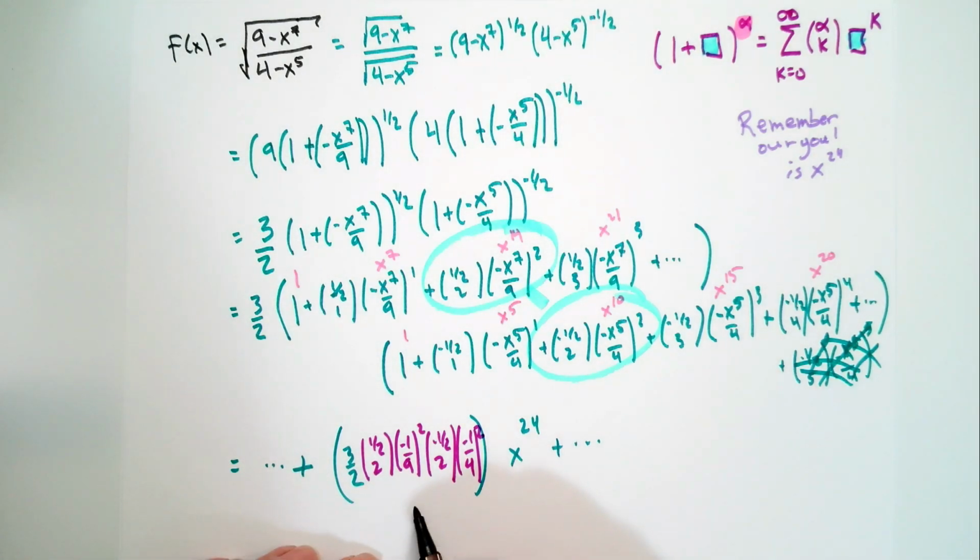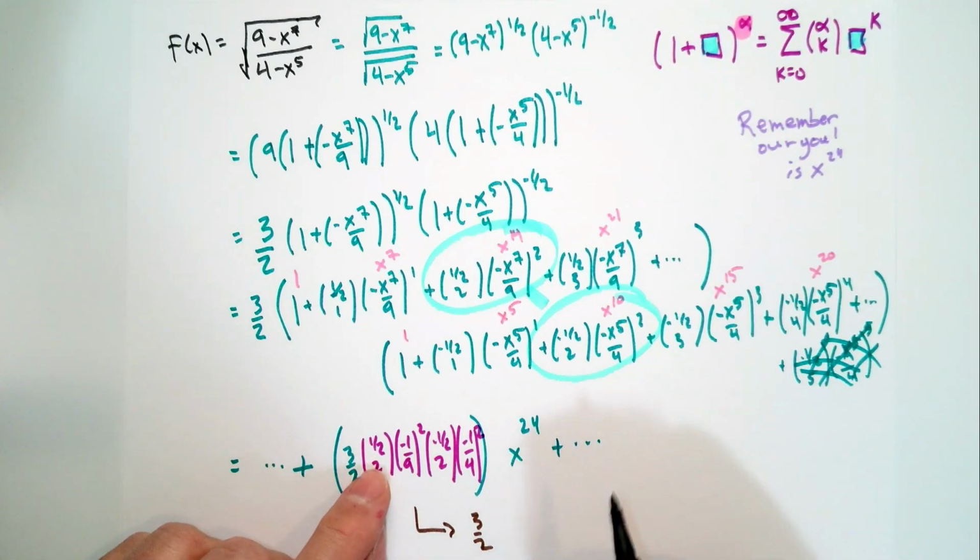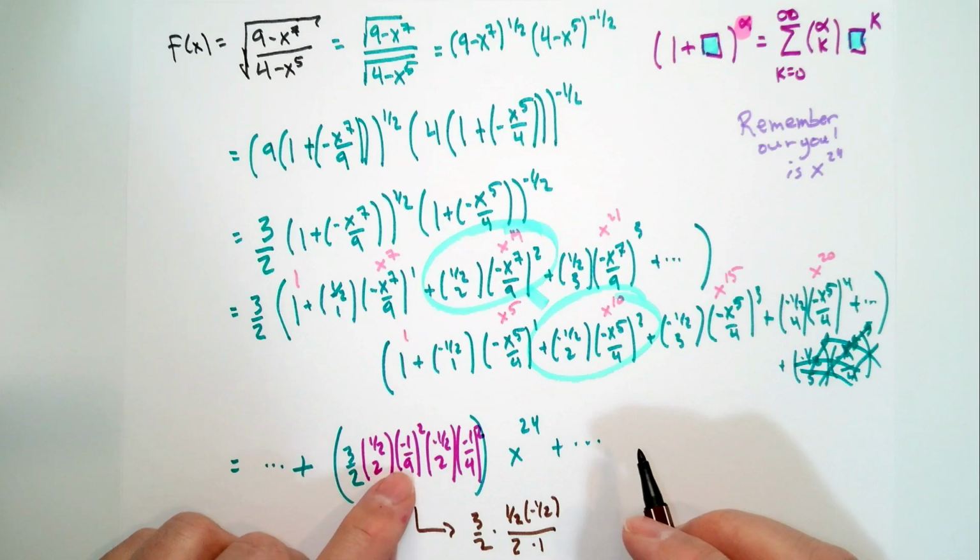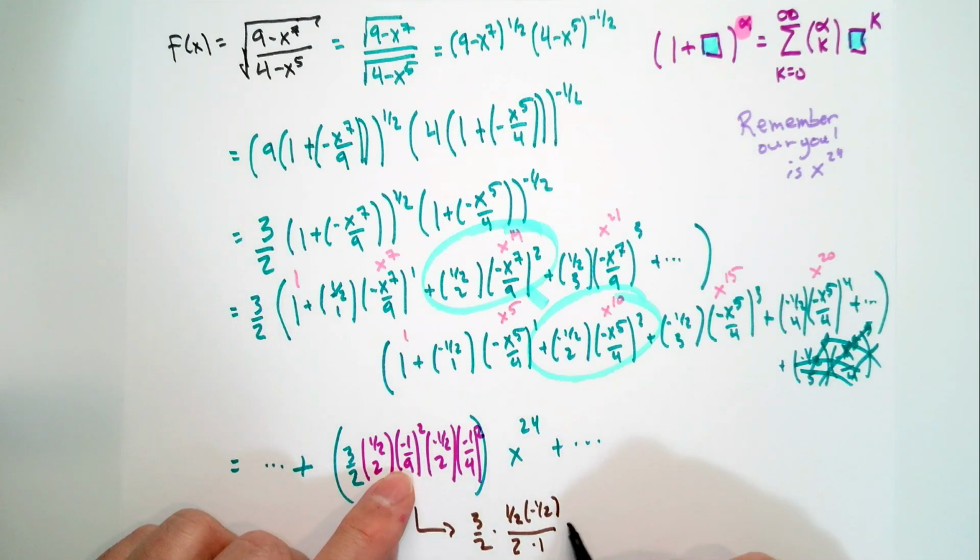Now let's clean this up. Okay, so we get 3 over 2. Now, a 1/2 choose 2. The way you do that is you take a 1/2, and then you subtract 1, which would be negative a 1/2. And now you have two terms. Downstairs, 2, 1. Minus 1 over 9 squared, well, that's really 1 over 9 squared.